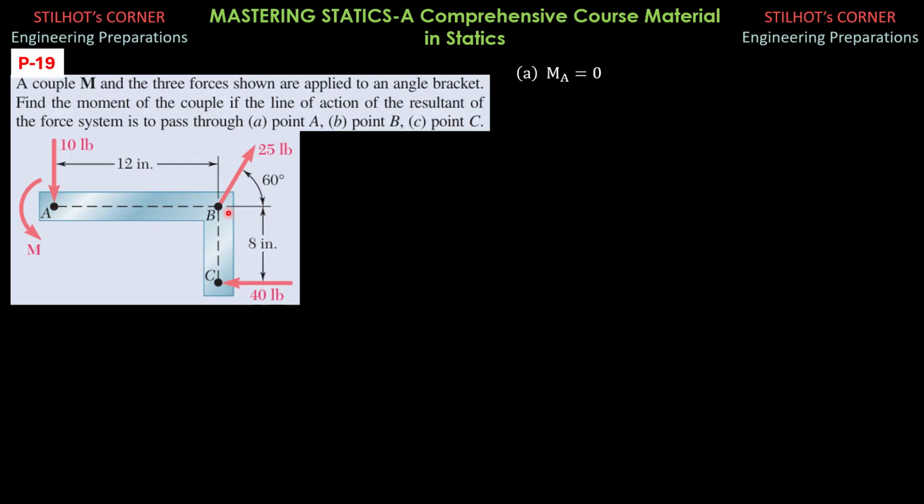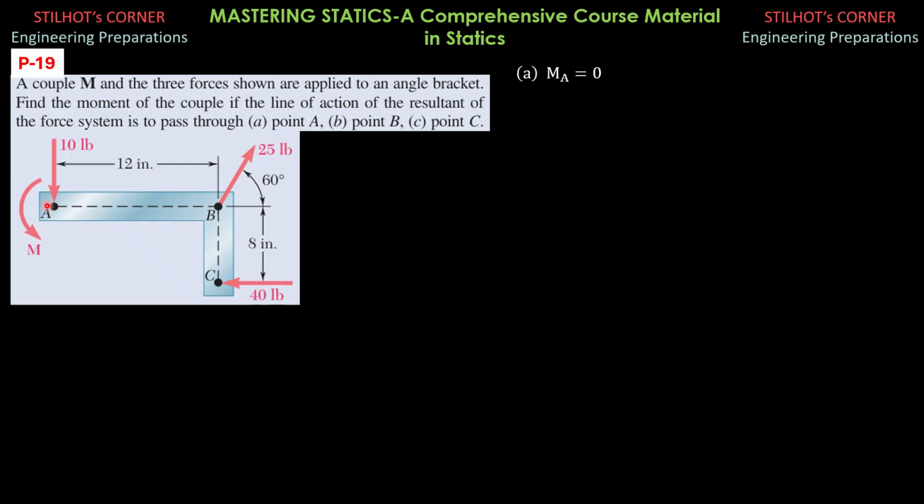Then the horizontal component of 25 is passing through A, so it has no moment about A. The vertical component is 25 sine 60 degrees and it is counterclockwise, so plus 25 sine 60 times 12, and the moment of this 40-pound force about A is clockwise, so minus 40 times 8 equals 0.